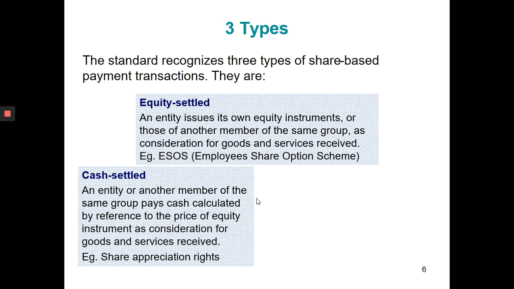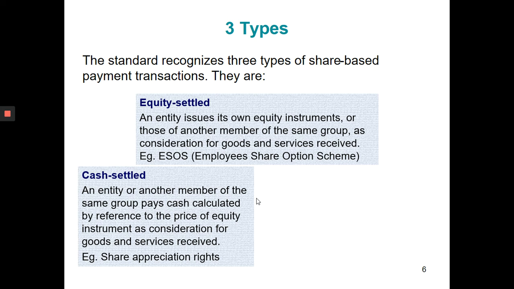If you have equity settle, you agree a share-based payment on equity settle, meaning your supplier will receive equity. If you refer to equity as shares, ordinary shares, the payment method is that they will receive ordinary shares.